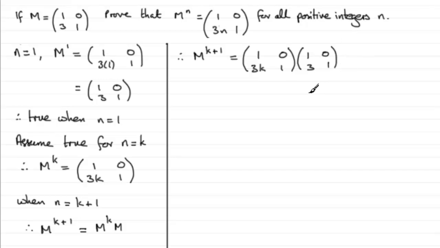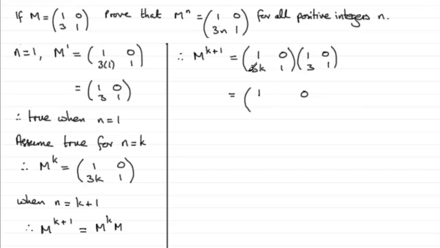So when we multiply these matrices out, what do we get? Well, it's always rows times the column. So we do 1 times 1, which you know is 1, plus 0 times 3, which is 0. So you're going to get 1 there. And then top row, second column, it'd be 1 times 0 is 0, plus 0 times 1 is 0. So we've got 0 there.